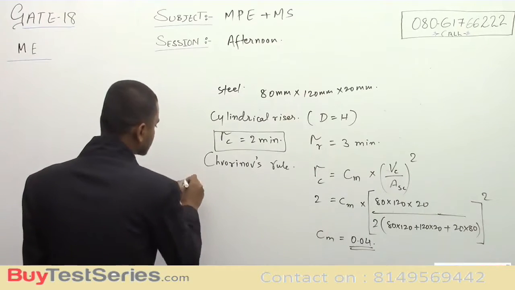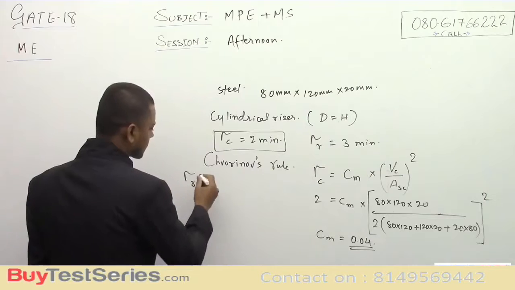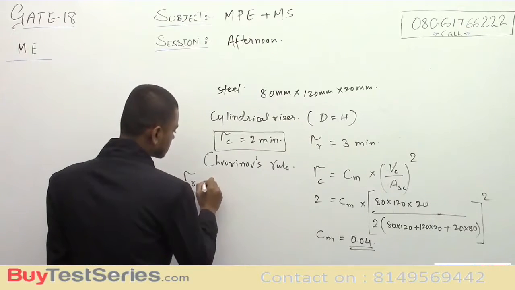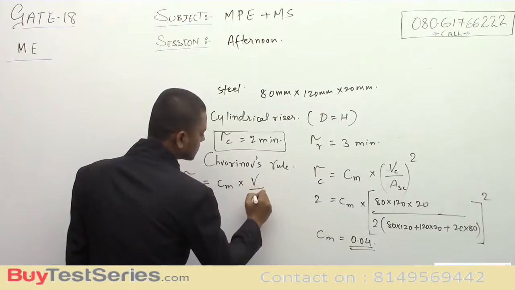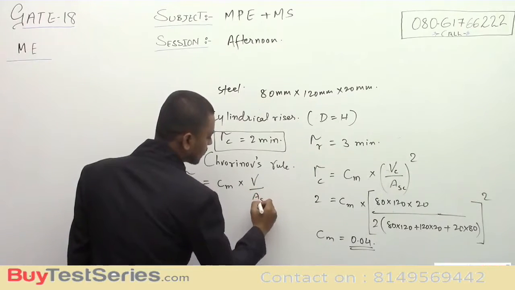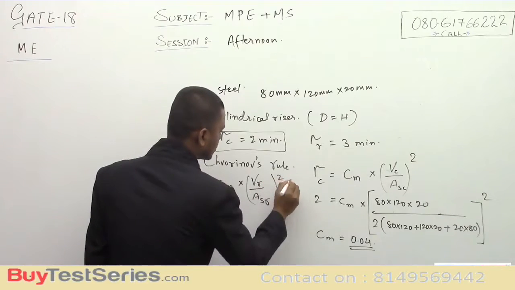Now for the riser, we know the solidification time of the riser is equal to the mold constant into volume upon the surface area exposed to heat transfer of the riser, to the power 2.